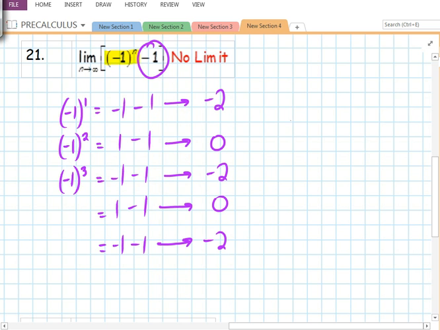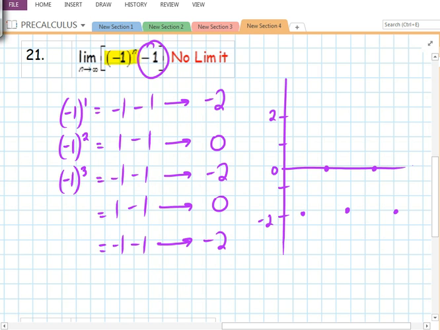Now, if you were to think graphically of what's happening here, if I consider this to be x equals 0, let's say 2 is somewhere up here, essentially as I'm plotting points, excuse me, I guess it's negative 2, not positive 2. As I'm plotting points, when n was 1, I ended up with negative 2, so it'd be somewhere around here. And then it jumps up to here, and then back down to here, and then up to here, and then down to here, and so forth, and it continues this pattern.